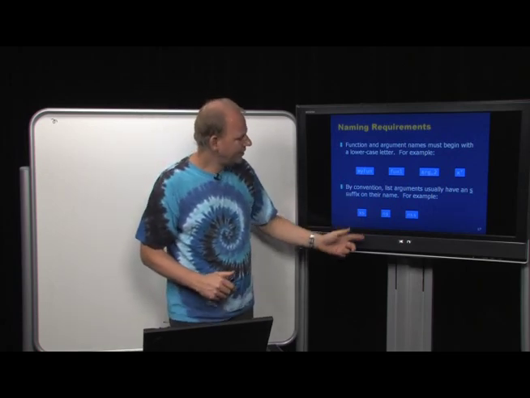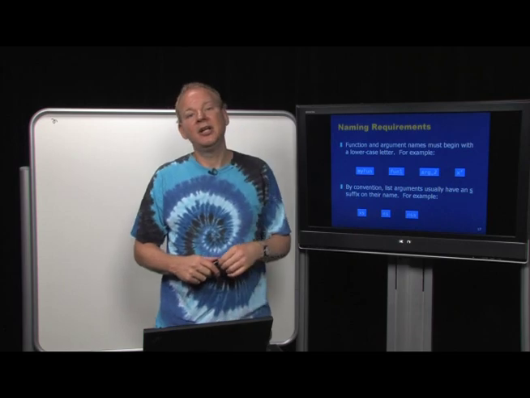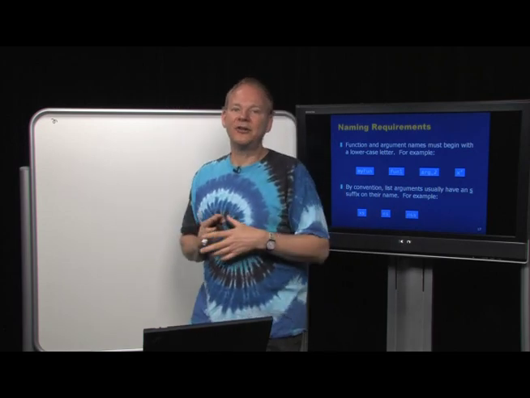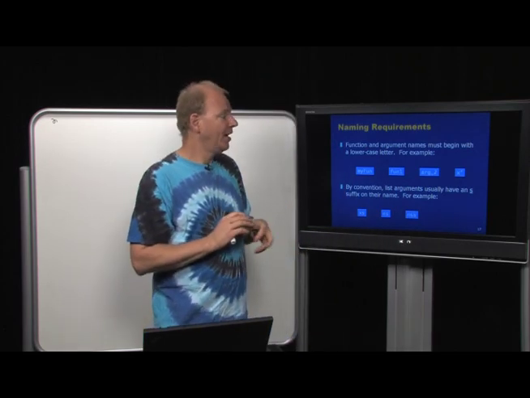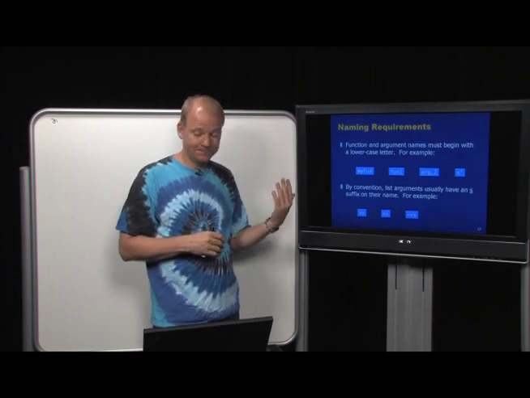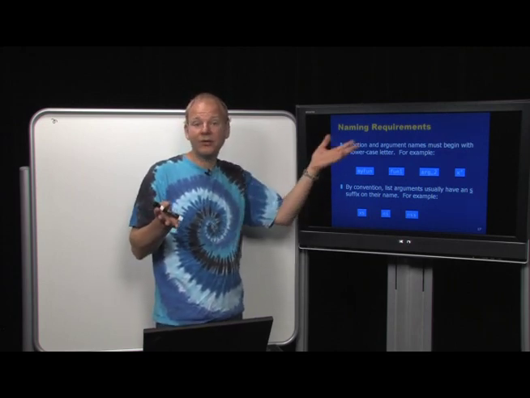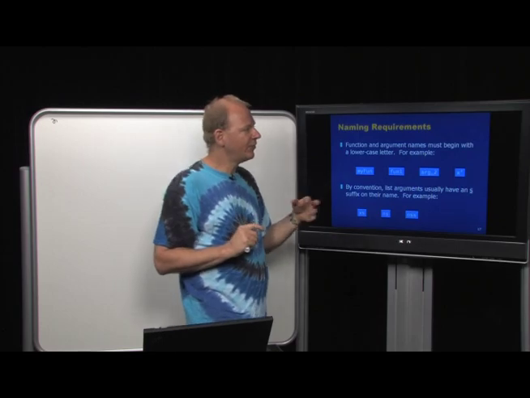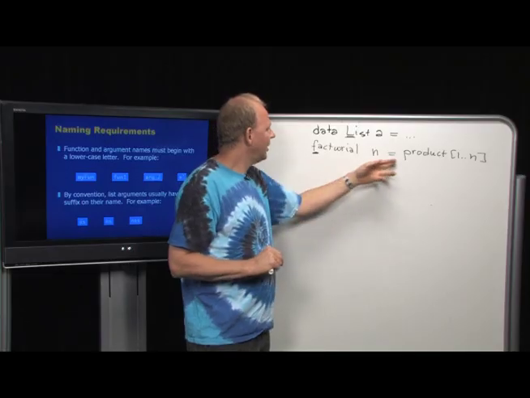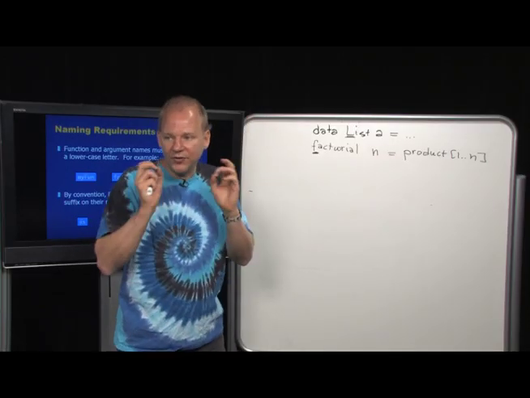Then the other thing is that Haskell people use a little bit of Hungarian notation. Again, because there are no required types, you still want to know by looking at your function definition what the types are.